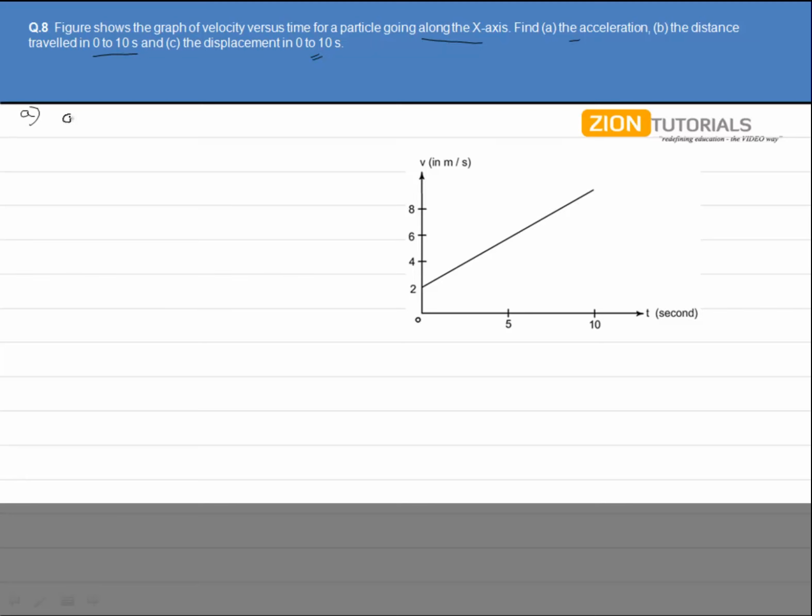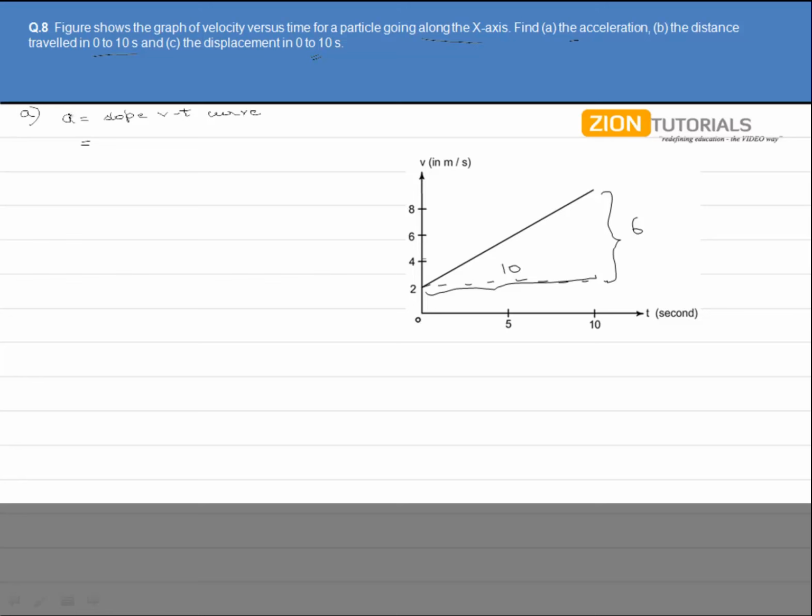Since we know that acceleration is the slope of the v-t curve, we can take it from here that drawing a parallel line at the coordinate (0, 2), we can get this height as 8 minus 2, that is 6, and this distance being from 0 to 10, that is 10.